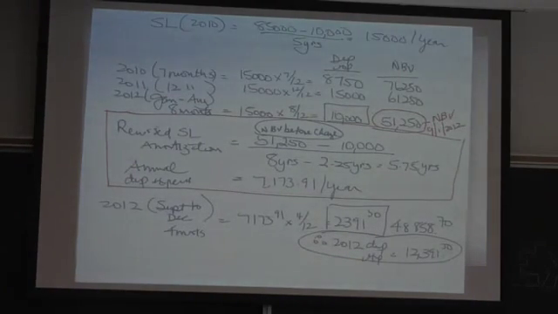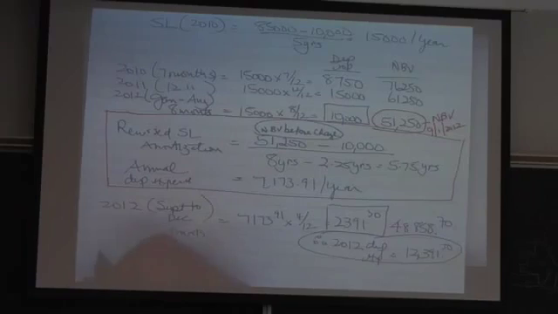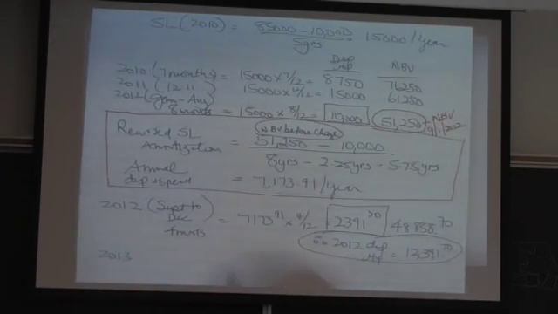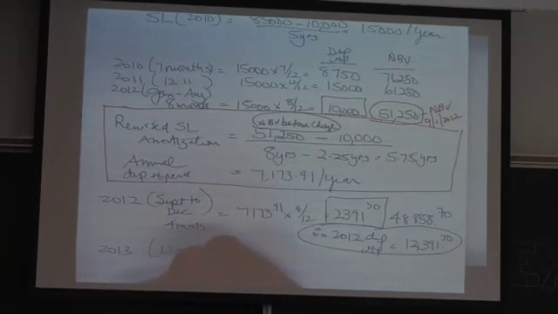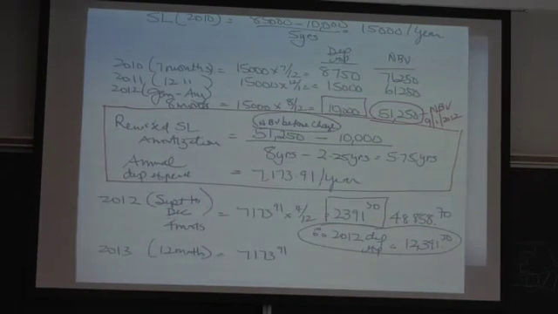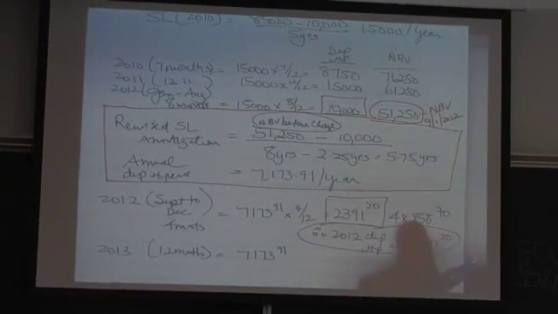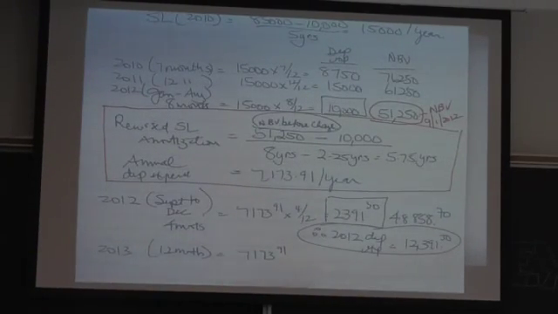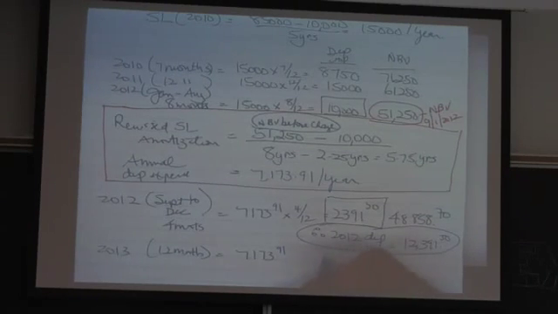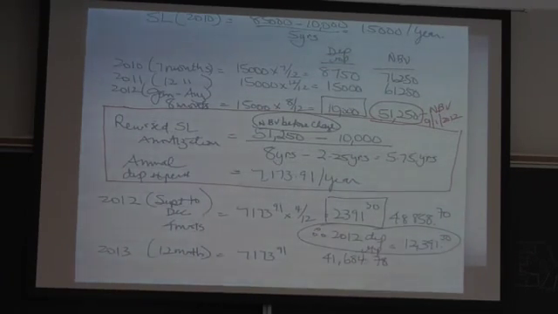Now let's just continue on. For 2013, that's 12 months, and we know what that is, $7,173.91. The net book value is 48,858.70 less 7,173.91, which gives us 41,684.78.